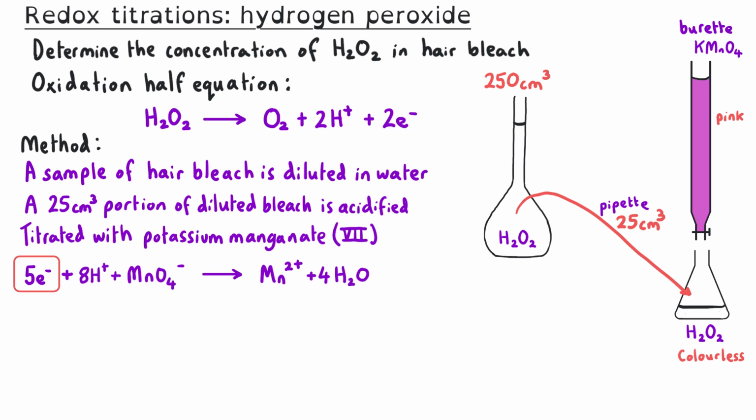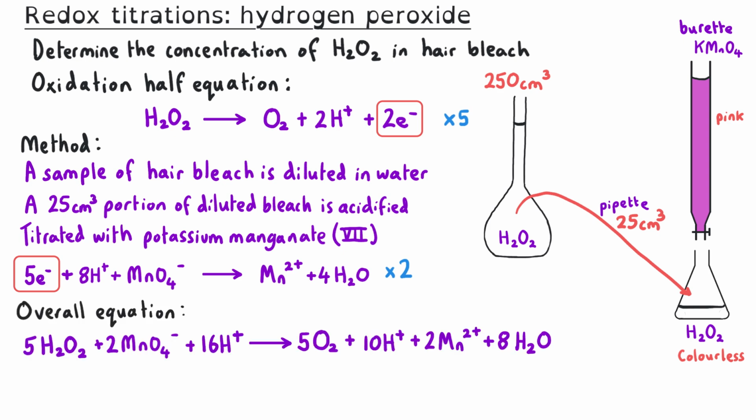Since 5 electrons are being gained by the manganate 7 and 2 lost by the hydrogen peroxide, we need to multiply those half equations by 2 for the manganate 7 and 5 for the hydrogen peroxide. When we combine those multiplied half equations, we get this overall redox equation that I'm showing here. And then one important thing to note is I've got hydrogen ions on both the reactant side and the product side.